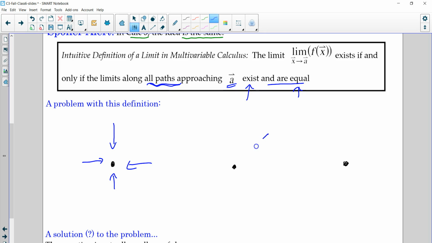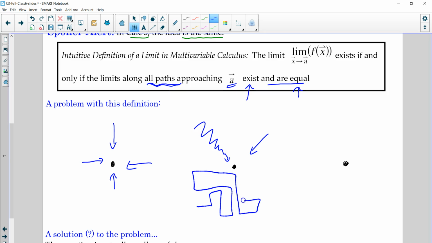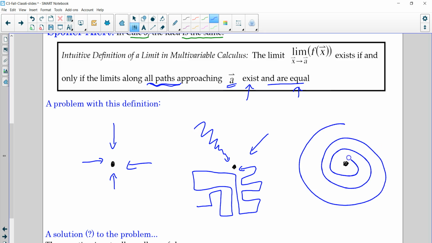But if I start considering diagonal paths or curvy paths, I could even do some bizarre maze type path in here, and I'd have to look along this path. I could also consider a spiral path. I would have to literally look along all paths.